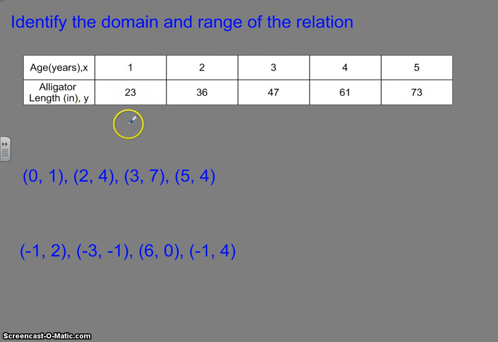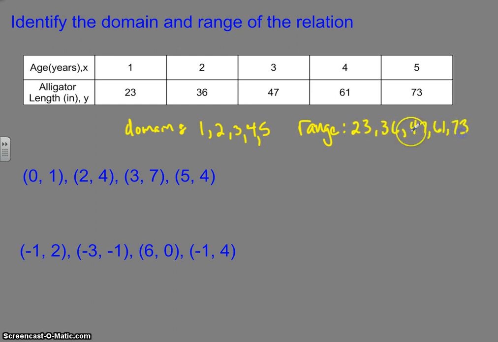So the way we would do that for this one, we would say domain equals, or we can just put a colon and separate by commas. Okay, we just list them. Then we say the range, colon, and we just list the numbers, hopefully in numerical order, and these are in numerical order, 61 and 73, and we're done.